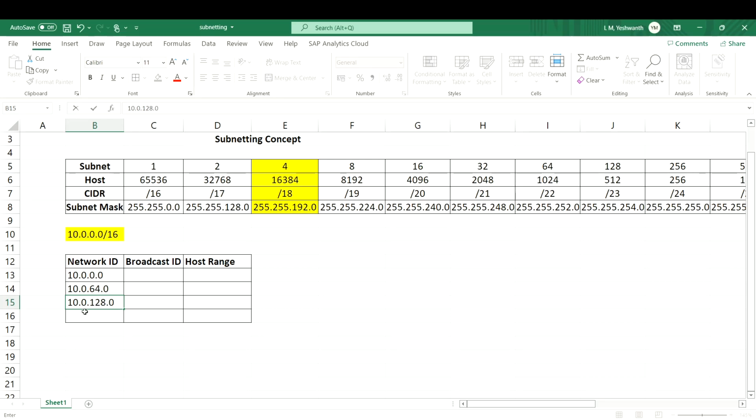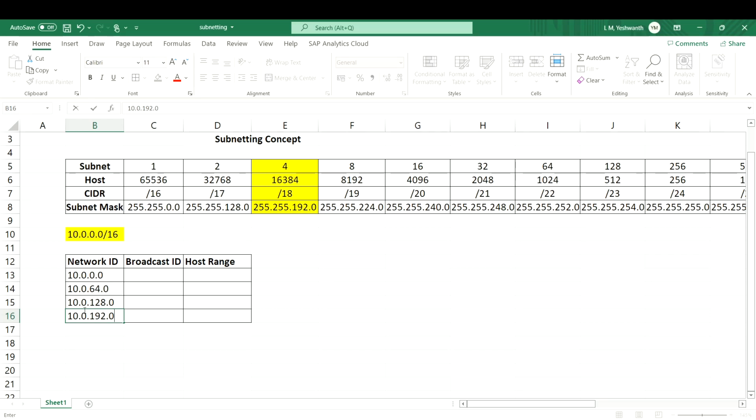Okay, so that is your third network. So the next one, what is your next address? So it would be plus 64 again. 128 plus 64 is 192. Let me type in 10.0.192.0. So this is your fourth network.